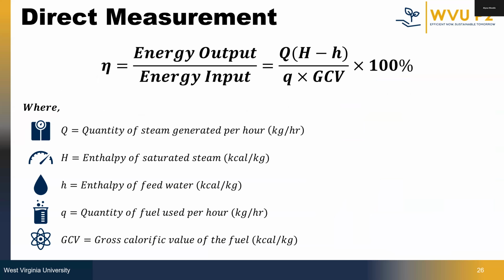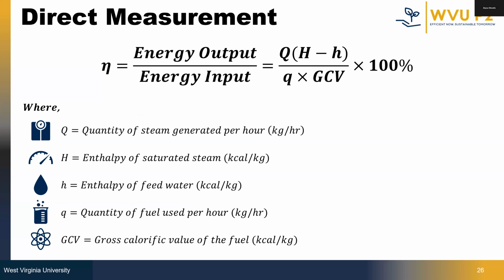And finally, the most accurate but the most complex method is direct measurement of the input and the output. So to measure the input, we need to know how much energy is contained in the fuel that the boiler uses. So the amount of fuel used per hour and the gross calorific value, which is how much energy the fuel contains per volume, has to be known.